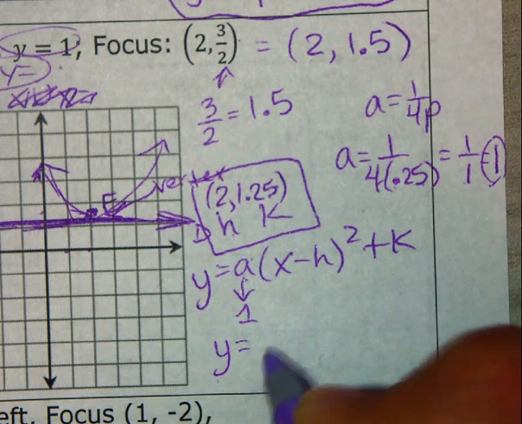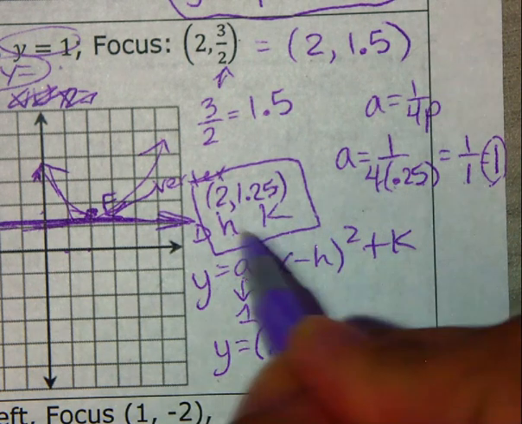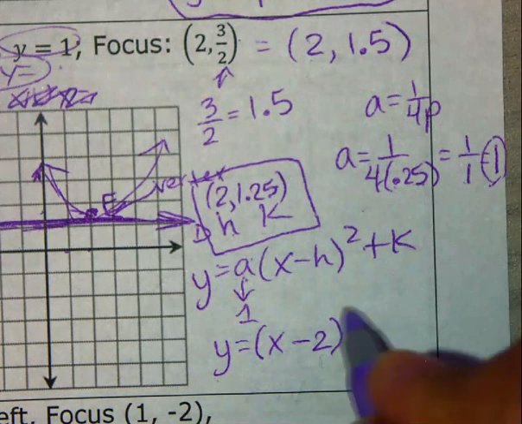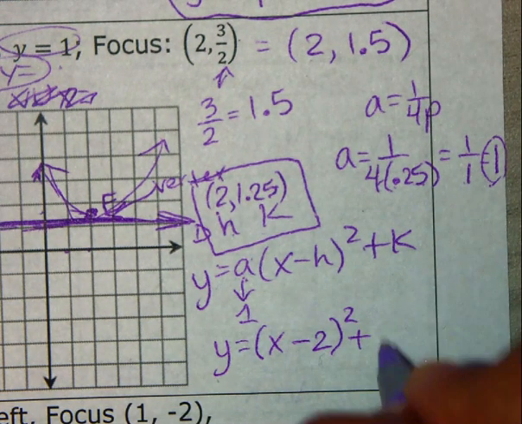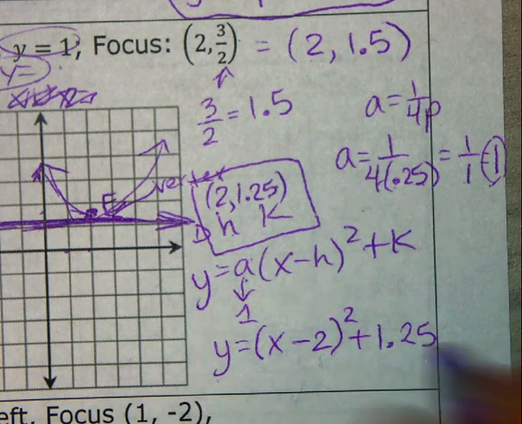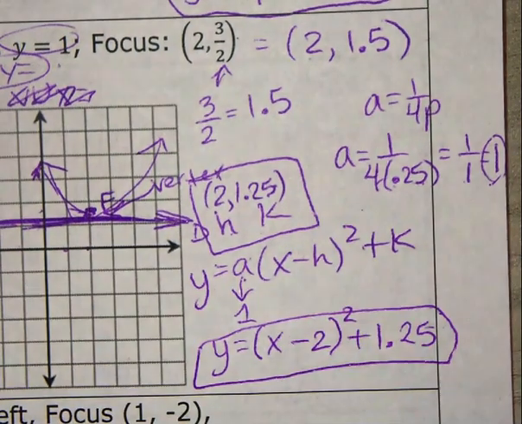So we just end up with y equals (x minus your h value, which is 2) squared plus 1.25. And that's the equation for that.